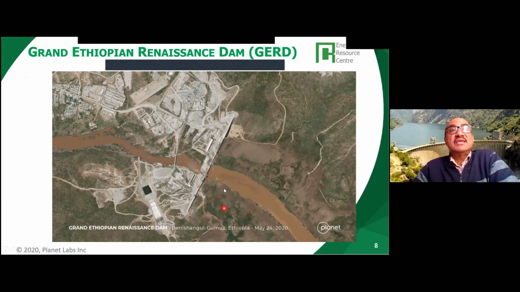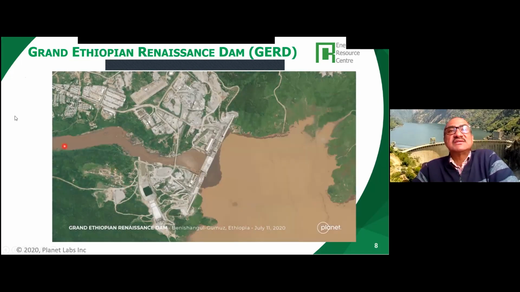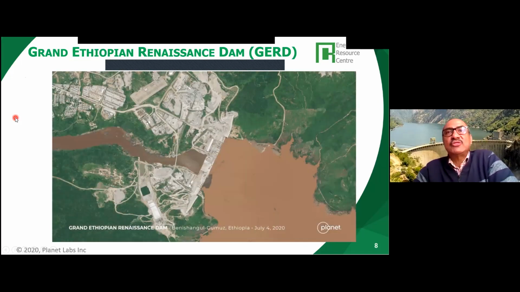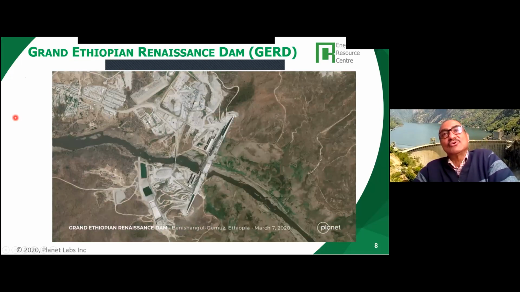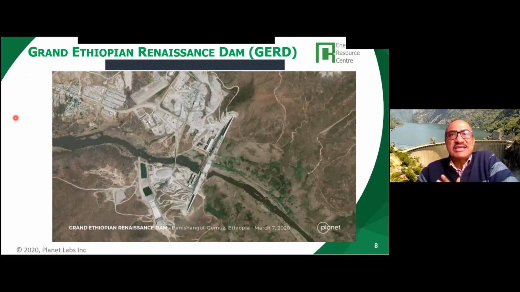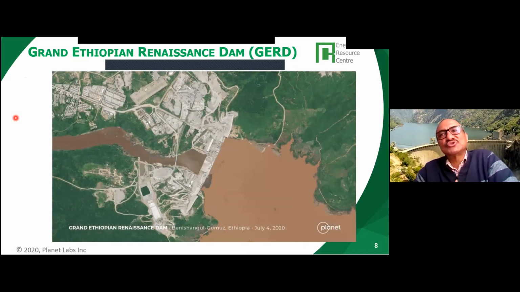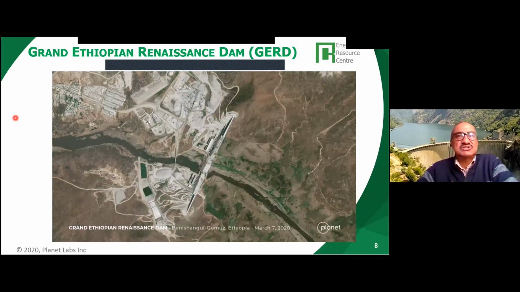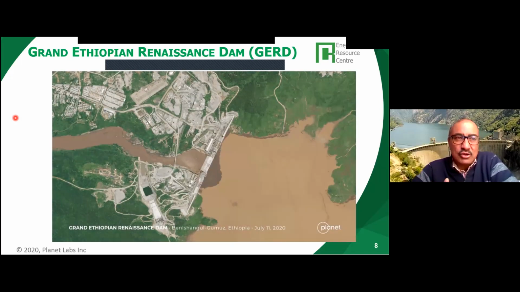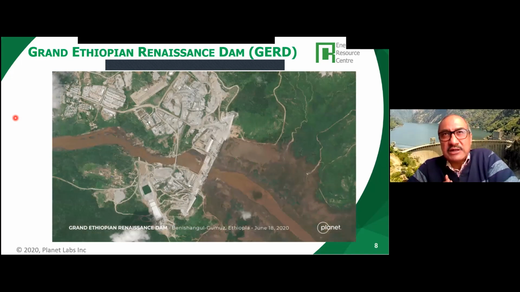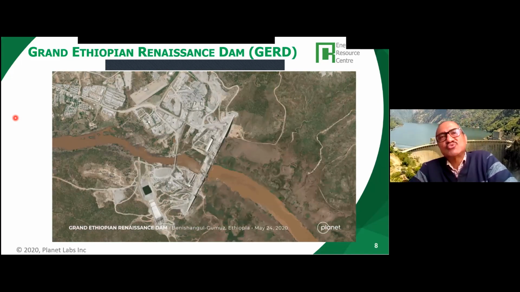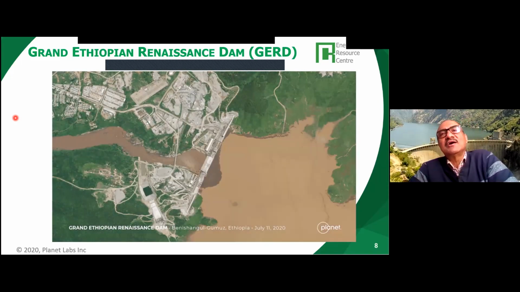Okay, and the Grand Ethiopian Renaissance Dam on the Nile upstream basin. This is a famous dam that Ethiopia is now building. And I think there are some transboundary issues. I don't want to go into details of it, but I just wanted to show this nice picture that was available in an article in National Geographic, I think. Actually, it was written by somebody I knew. So I just wanted to share this picture.